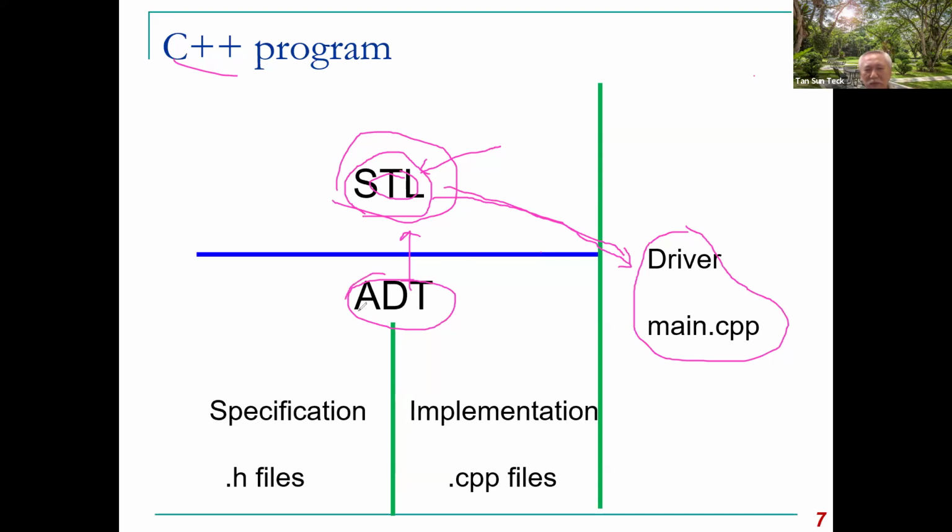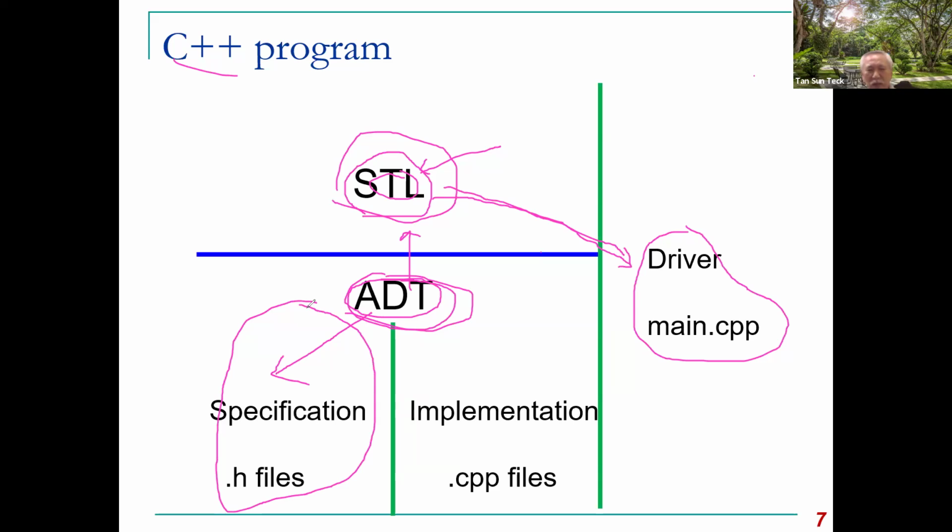Similarly, when we do the specification of an ADT, we want to create a new ADT because the STL does not provide us with the functionality that we need. We have to create the ADT. So what do you do? For the ADT, we have to do the specification, and we do that using the .h files in C++. Later, we will give you some examples. Okay, so the ADT is actually talking about this specification, as we said earlier.